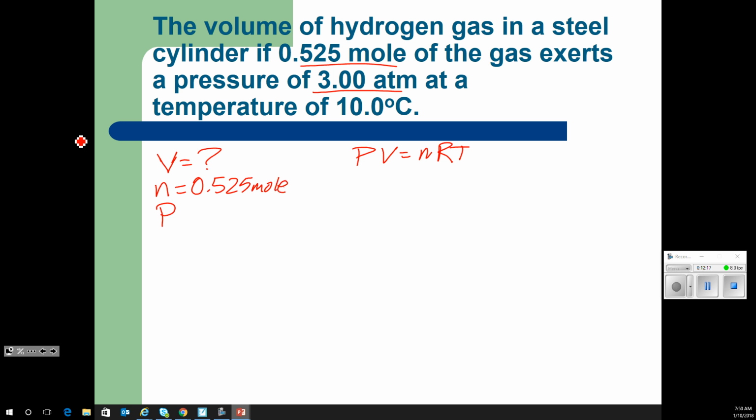Exerts a pressure of 3.00 atmospheres. So far I'm in the units that I need for R. And a temperature of 10.0 degrees Celsius. Again, add 273.15 right away before you forget that it has to be in Kelvin. We still have our R.